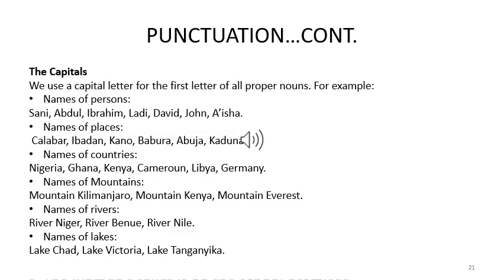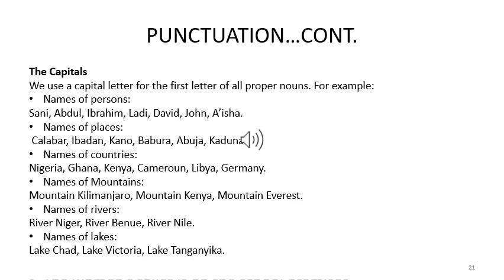Slide number 21. Another punctuation mark is capitals or capital letters. So we use a capital letter for the first letter of all proper nouns. For example, the names of persons: Sani, Abdul, David, John, Anita, Aisha, Ibrahim. We also use capital letters for the names of places that exist, such as Ibadan, Calabar, Kano, Lagos, Earth, the US, United States of America, China, and so on and so forth.